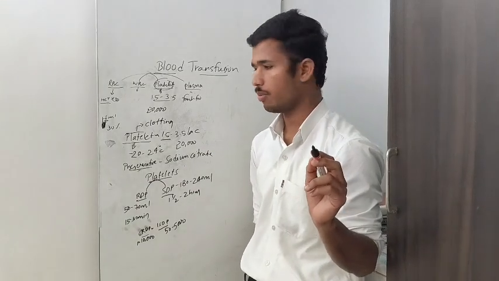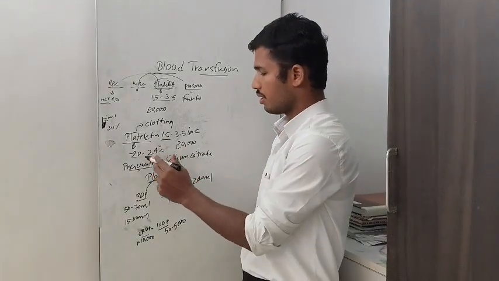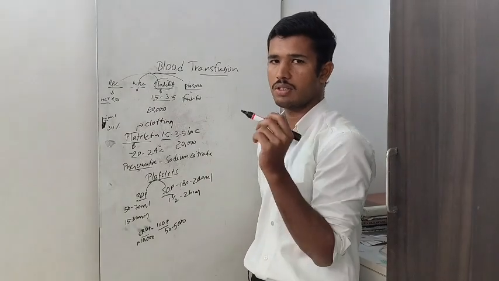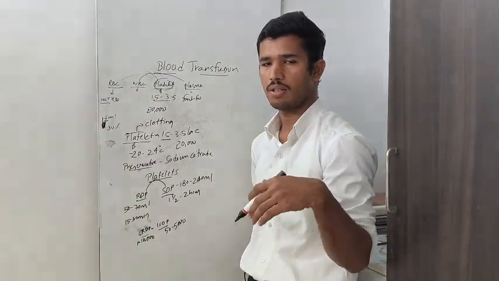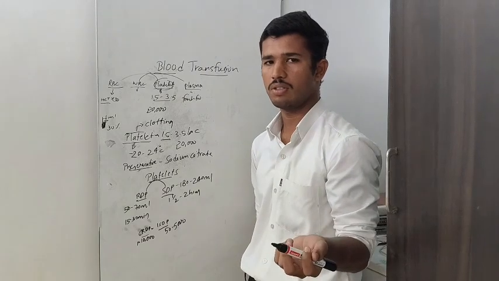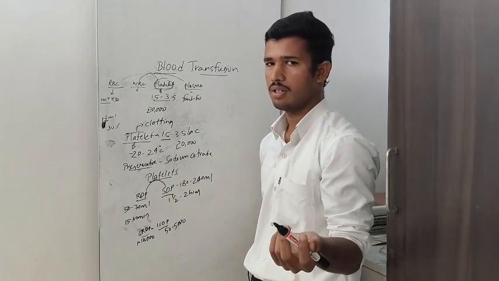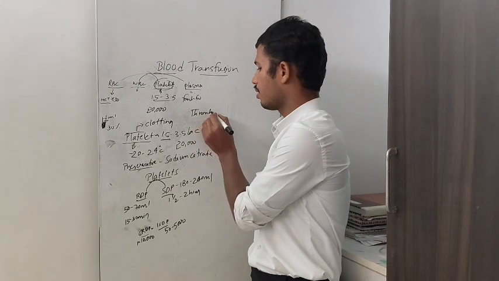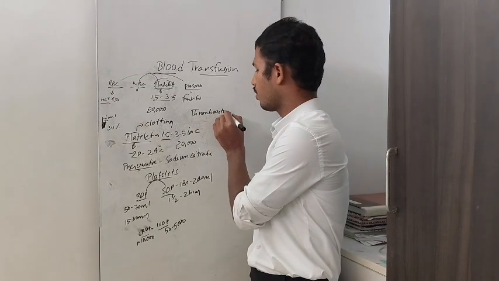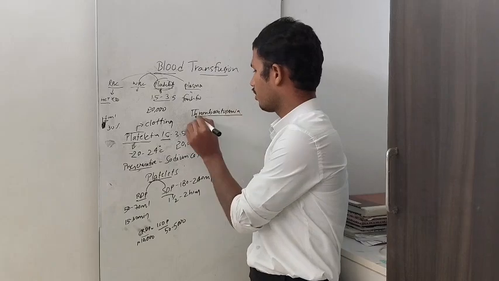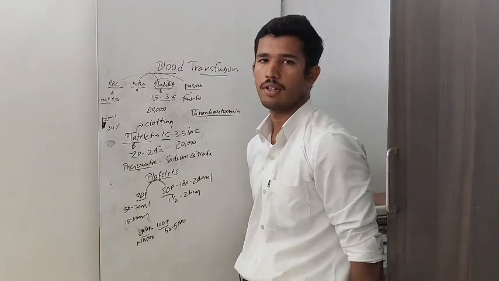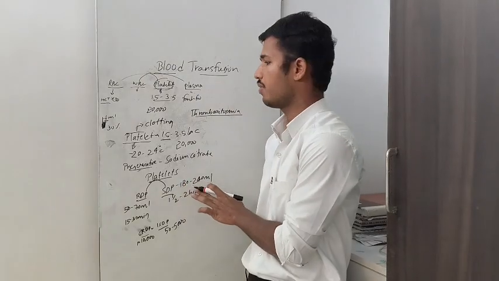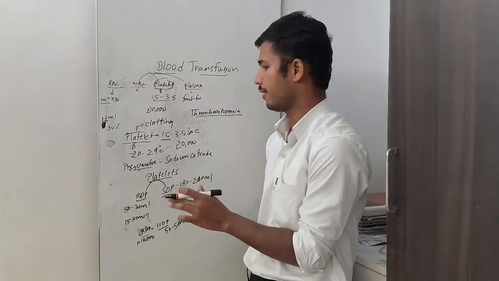Are you understanding my point? This is all about platelets. When the platelet count is decreased in our body, it is called thrombocytopenia. This is all about the transfusion of platelets.